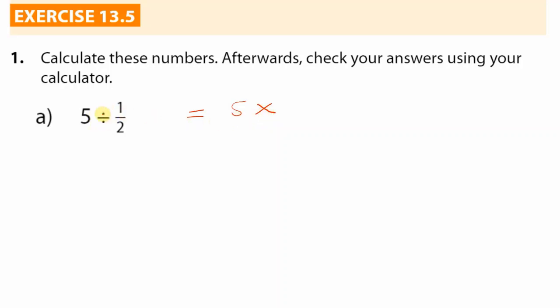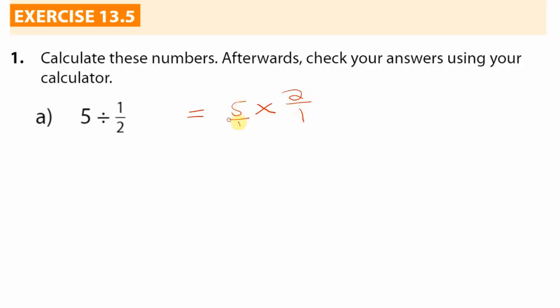Because we changed the sign from division to multiplication, we will have to get the inverse or the reciprocal. So what will happen is we pay a price. What was upstairs goes downstairs, and what was downstairs goes upstairs. So we just swap around. So the 2 goes to the top, the 1 goes to the bottom.